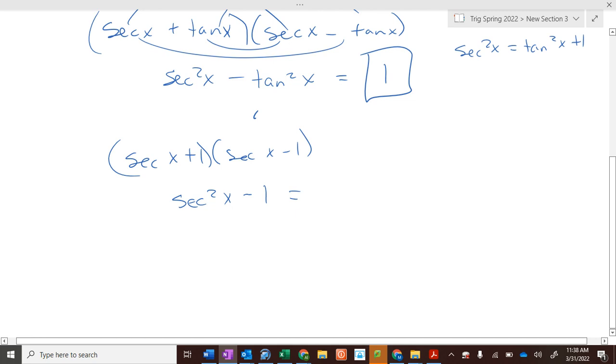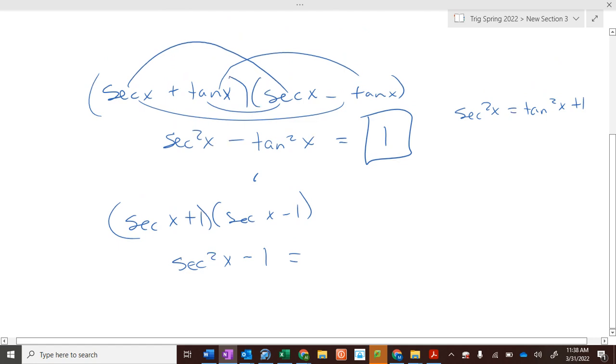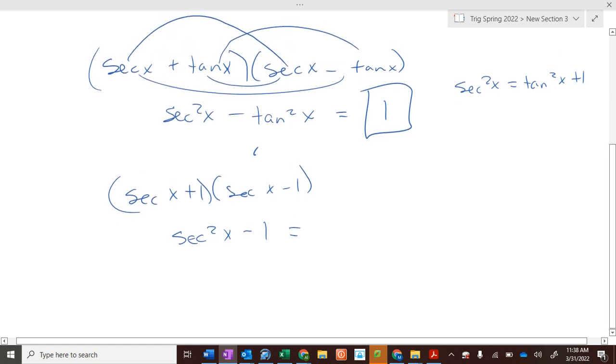Last times last is minus 1. Now, looking at our Pythagorean identity, what do we do? What's the difference between this and this? We did what to each side? Subtracted 1. So if we subtract 1, what's left on the other side? Well, it's tangent squared of x. Boom. We're done.